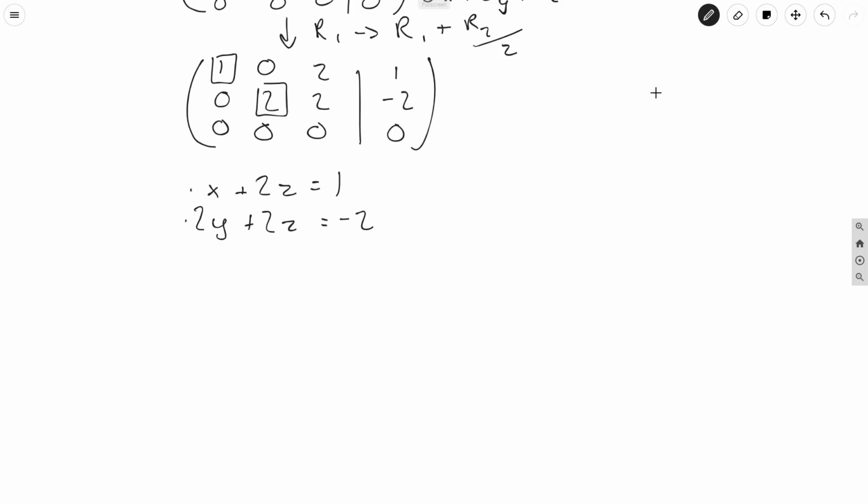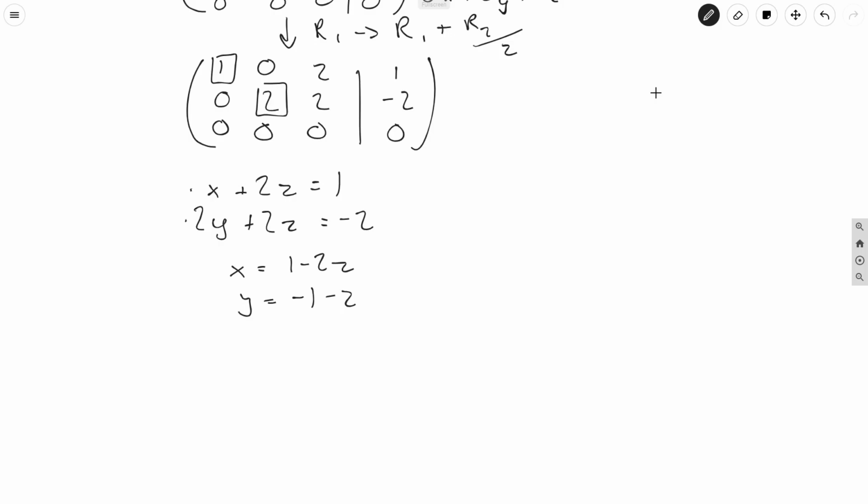And what that generally means is that we're going to have infinite solutions. So we should write our solutions for x and y in terms of z. So we notice that x is equal to 1 minus 2z, and for y, let's just divide across by 2. This can be broken down into y is equal to minus 1 minus z.